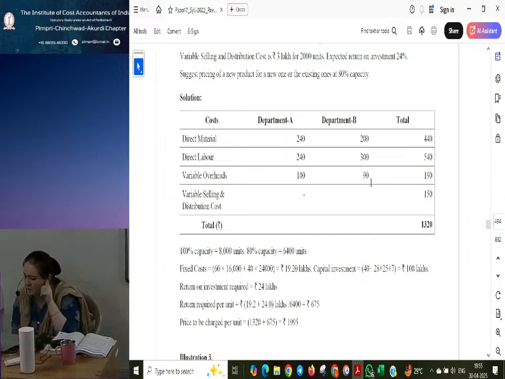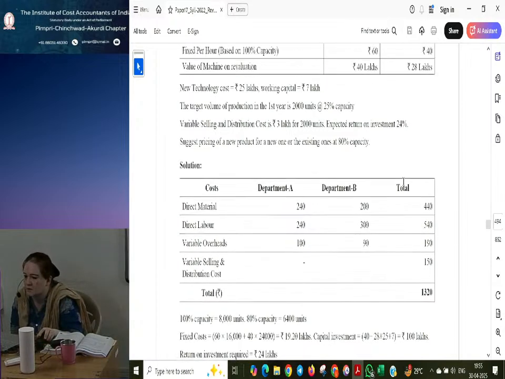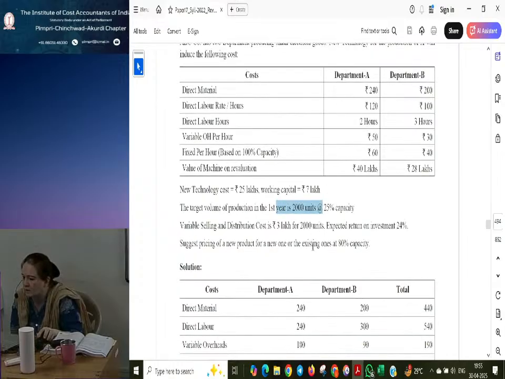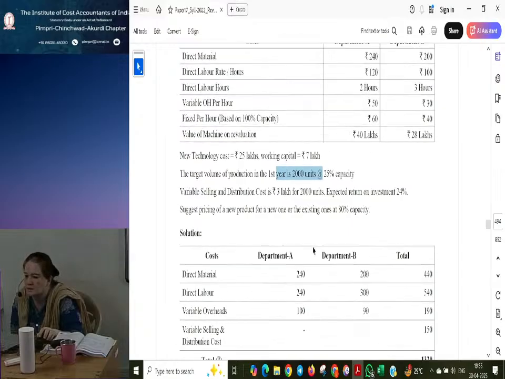So 2,40,000. But the present level of the first year is 2,000 units at 25% capacity.